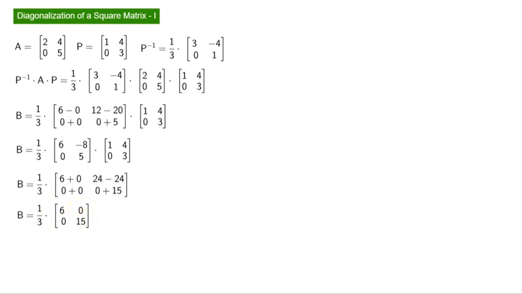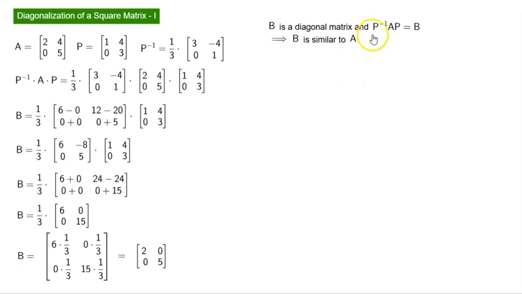If we take 1 by 3 inside the matrix, we get 2, 0, 0, 5. Now here if you notice, B is a diagonal matrix and P inverse AP is equal to B, which implies B is similar to A, which implies matrix A is diagonalizable.